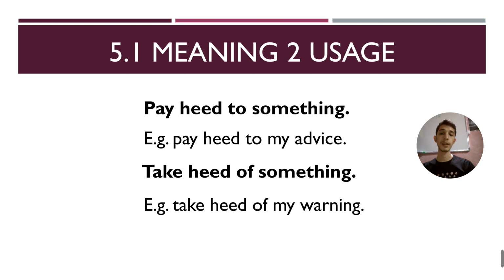And in the same way, we don't say take heed to something, we say take heed of something. So these forms go like this together. There is no possibility to change to and use of, or to change of and use to. Okay? So you need to know that to goes with pay and of goes with take.